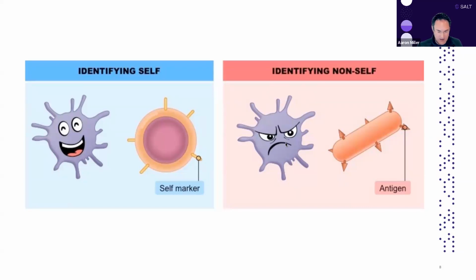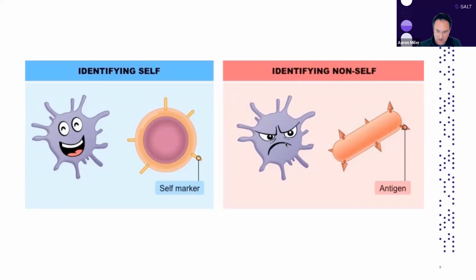Now, this is great to have this ability to recognize threats, even though they've gone into your firewall. But what if you start recognizing your own body, your own manufactured compounds inside your body as a threat? That would be terrible. That would be autoimmunity.